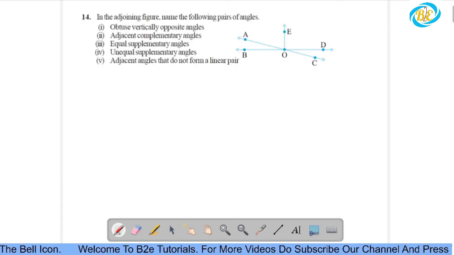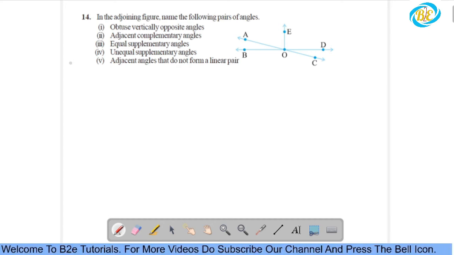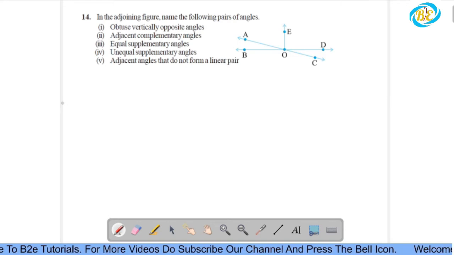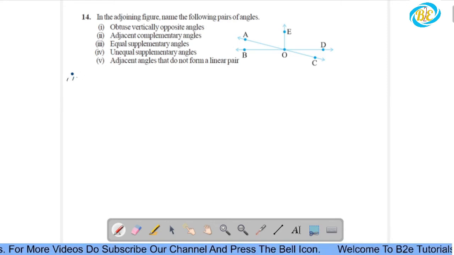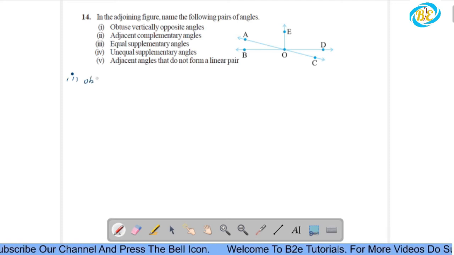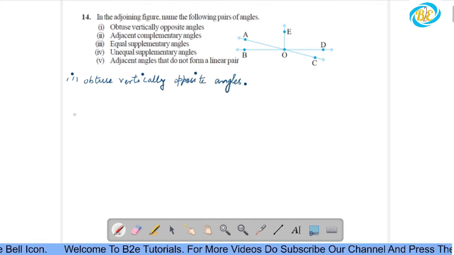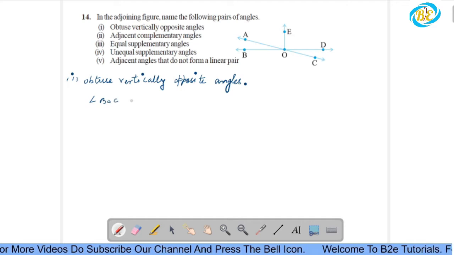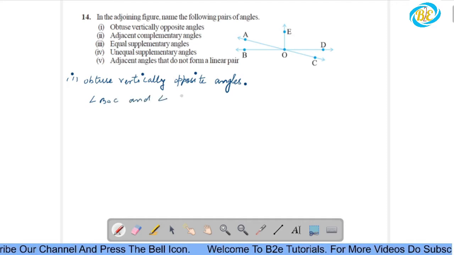Question number 14. In the adjacent figure, name the following pair of angles. First, obtuse vertically opposite angles. Here angle BOC and angle AOD.